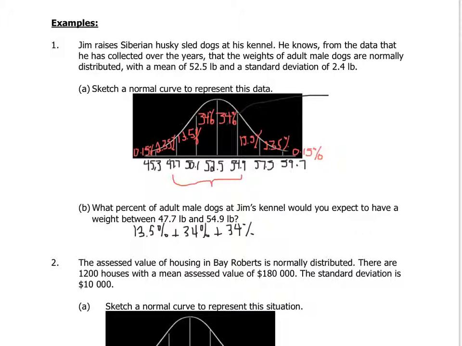If you total those up on your calculator, you would get 81.5%. You would expect 81.5% of the adult male dogs to have a weight between 47.7 and 54.9 pounds.